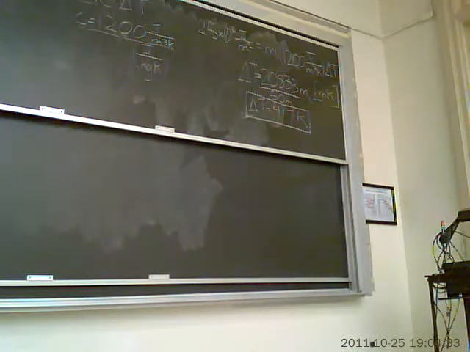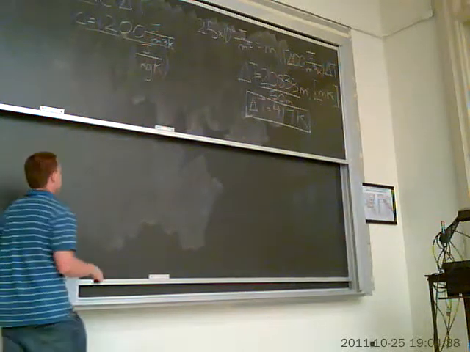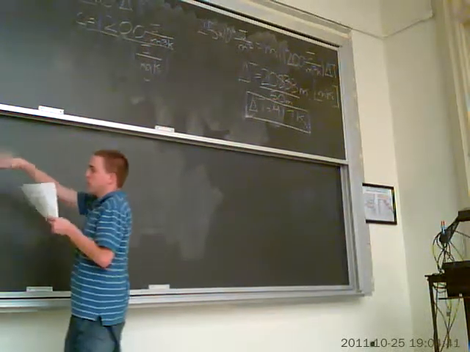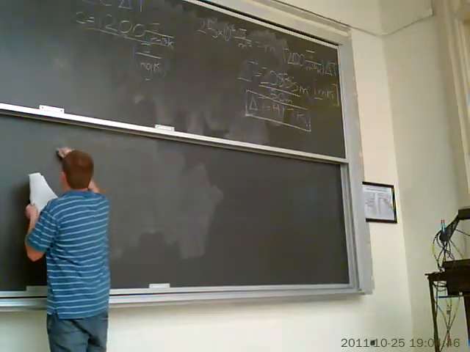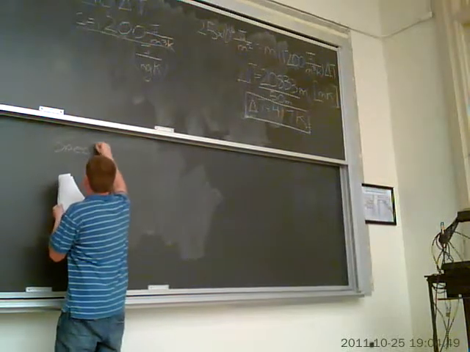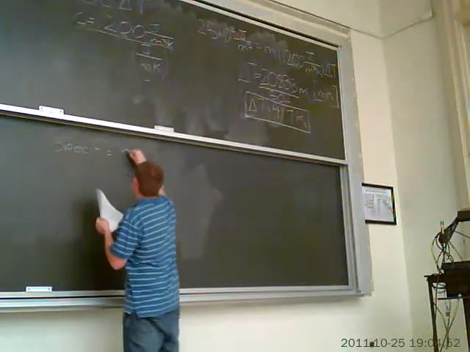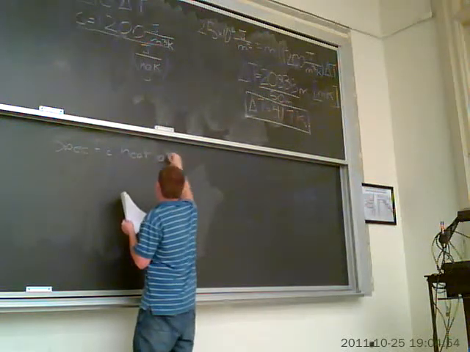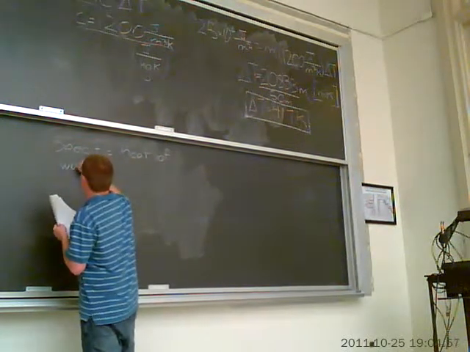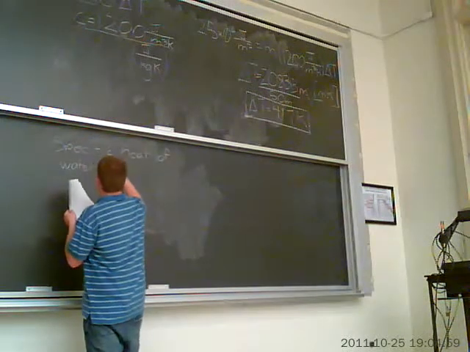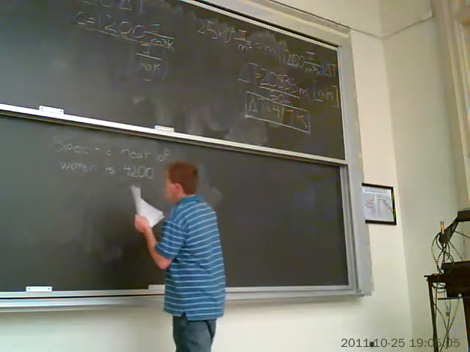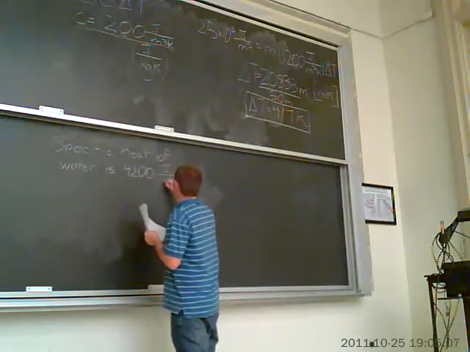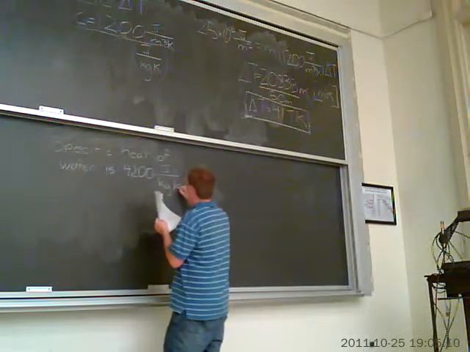Then you have to know the specific heat of water, which I think we also talked about in the same problem set, but I'll give it to you again. Specific heat of water is joules per kilogram Kelvin.